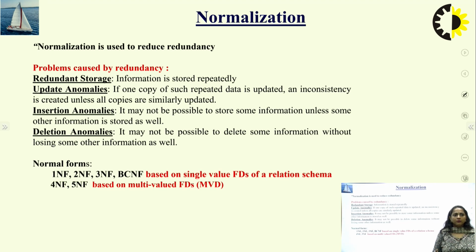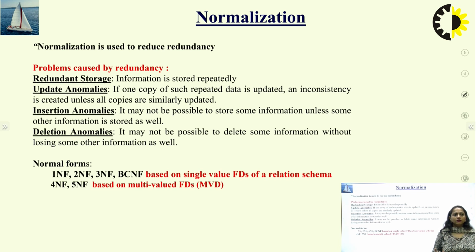Then update anomaly. It will be very difficult and inconsistent to update the new or repeated data everywhere. Insertion anomaly. It may not be possible to store some information unless some other information is stored. Deletion anomaly.